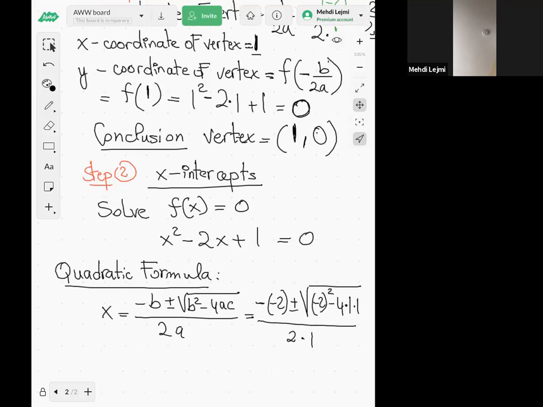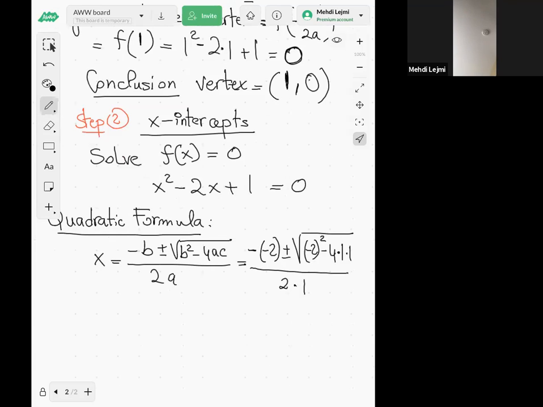So x is positive 2 plus or minus the square root of 4 minus 4 times 1 times 1. 4 minus 4 is 0, and the square root of 0 is just 0, over 2. So it's positive 2 over 2, so it's positive 1.